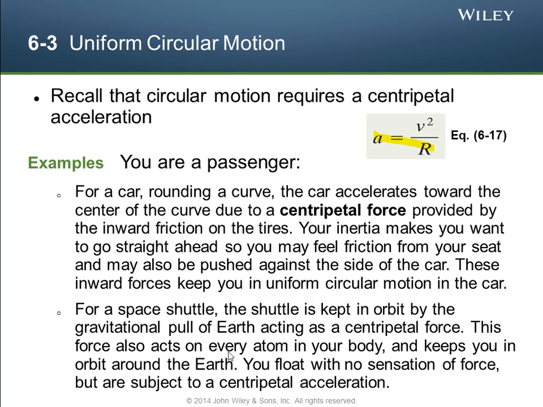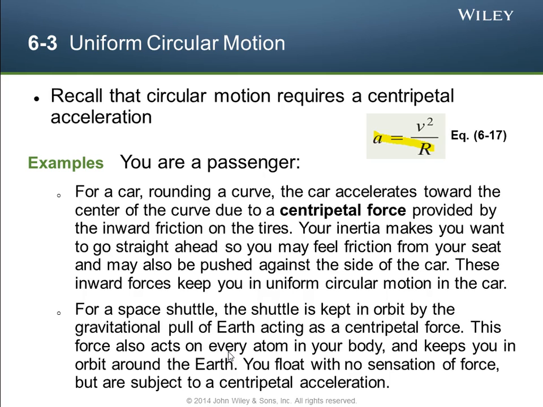So the key with these two examples is, one, centripetal force is not its own force. It's a label that we put on a force that's causing the circular motion. So in the car example, it's the friction from your seat and the door pushing on you to keep the circular motion. In the space shuttle, it's gravity that's keeping you in the circular orbit.